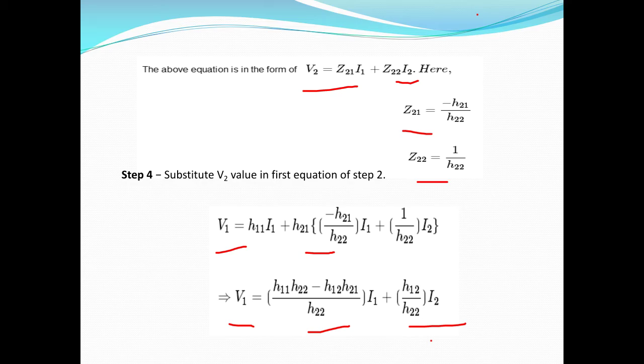Now we substitute the value of V2 in first equation of step 2. So V1 is equal to H11 I1 plus H12 into (minus of H21 upon H22 into I1 plus I2 upon H22). So we find V1 is equal to (H11 H22 minus H12 H21) upon H22 into I1 plus H12 upon H22 into I2.